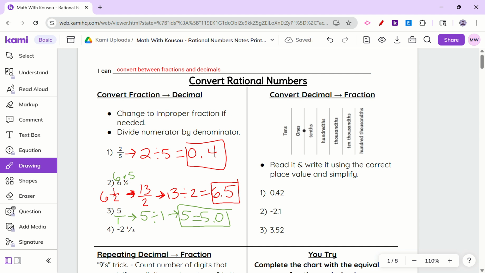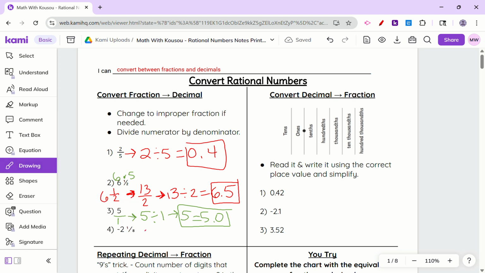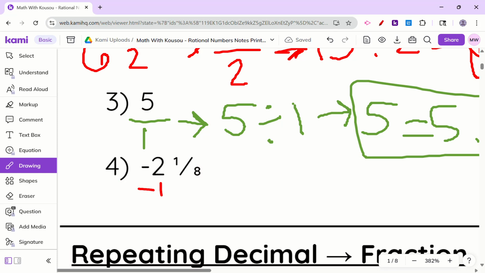If we turn it into an improper fraction, we would do 8 times 2 is 16, plus 1 gets us 17. So we have here -17 over 8.